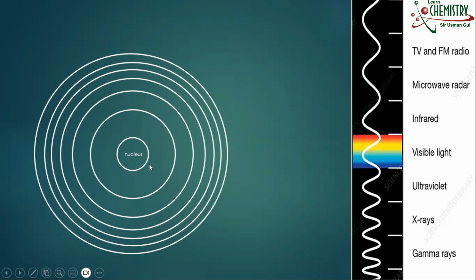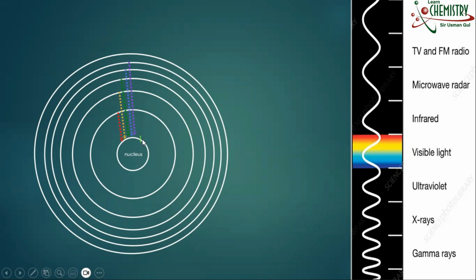Now let's suppose we have a nucleus here, and when the atom is in the excited state, the electrons are at a higher energy level, so there is a possibility that electrons jump from a higher state to the first energy level. So it can come from the second to first, third to first, fourth to first, fifth to first, and so on. It can come from any of the higher energy levels to the first.